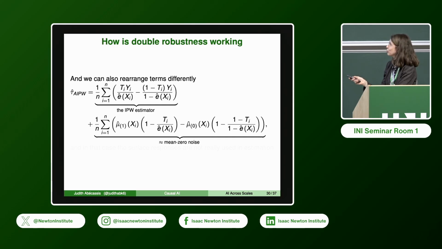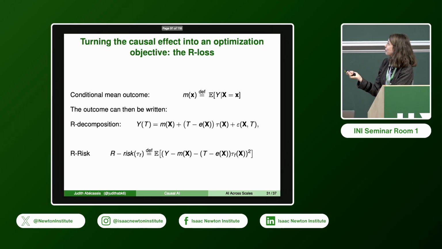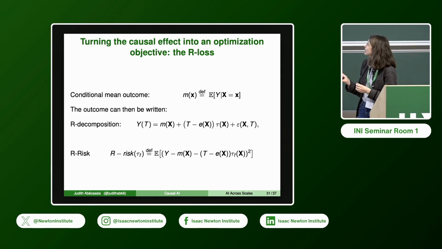And so even if you have a very bad model for your potential outcomes, your overall estimator is going to be consistent. So there are also other ways to rewrite things and combine both ideas, based on the Robinson decomposition.